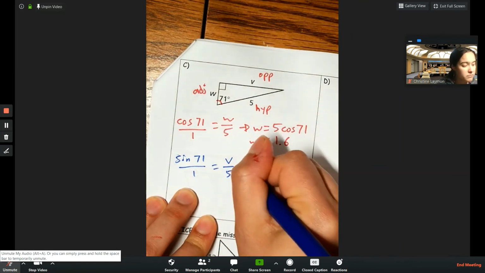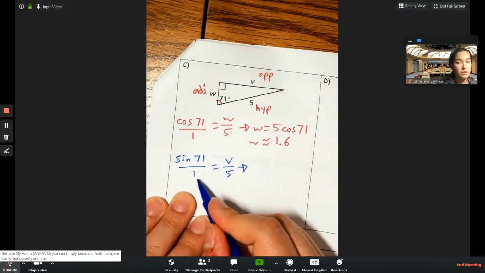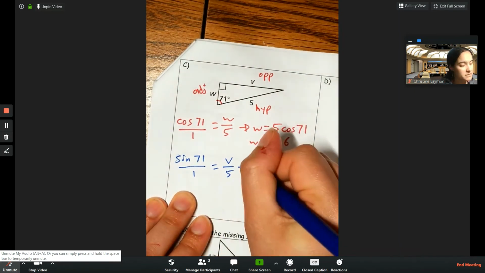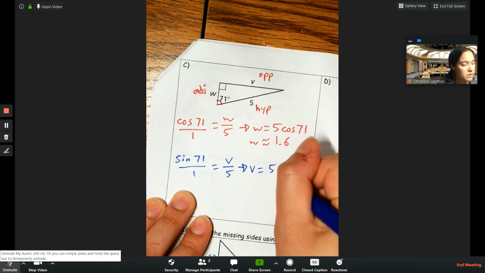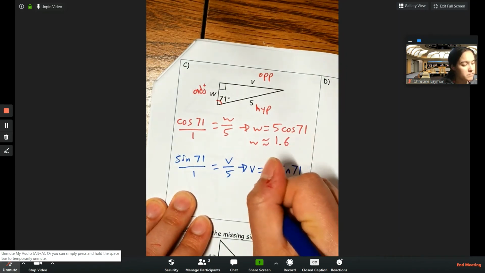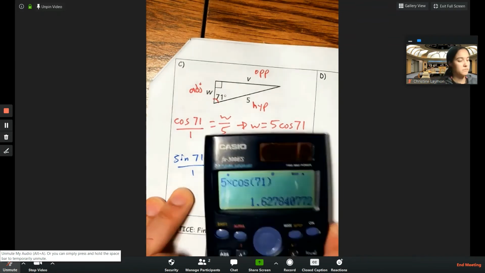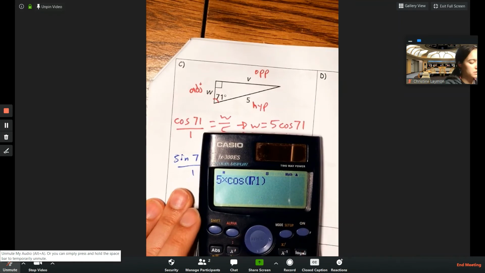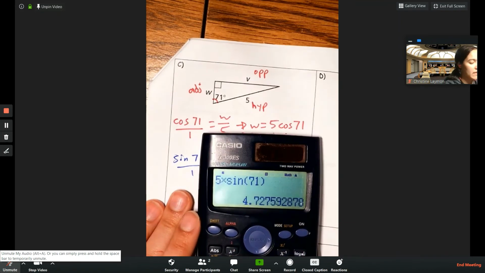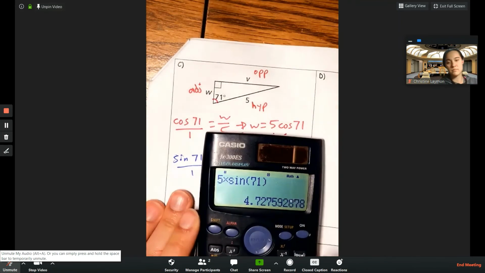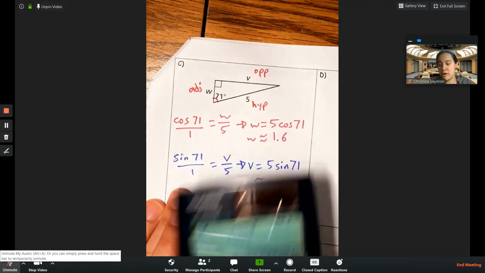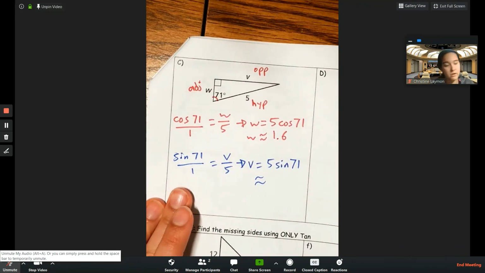As before, go ahead and cross multiply. 1 times V gets us V, and it will equal 5 times the sine of 71. Go ahead and put that into the calculator. So we don't want a cosine, we want a sine, and that'll be 4.7. So 5 times sine of 71 is roughly 4.7.